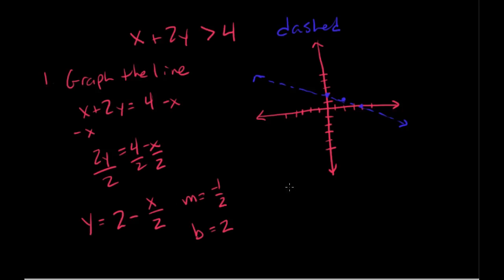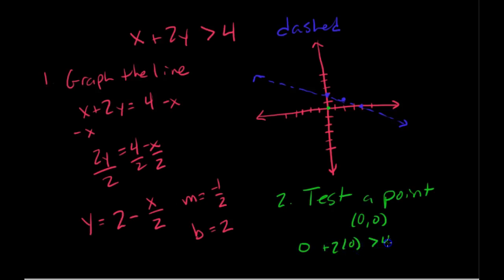Step 2, test a point. So we'll use 0, 0 again, and we plug 0, 0 into the original inequality. 0 plus 2 times 0 is greater than 4. So we get 0 is greater than 4. And that's not true.